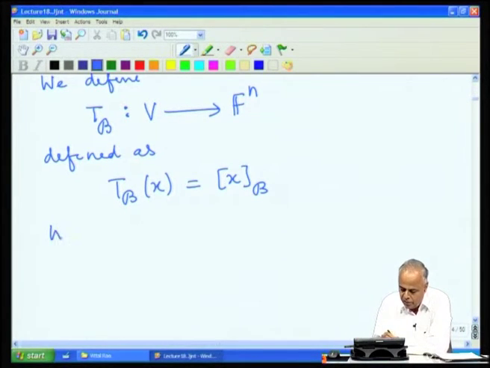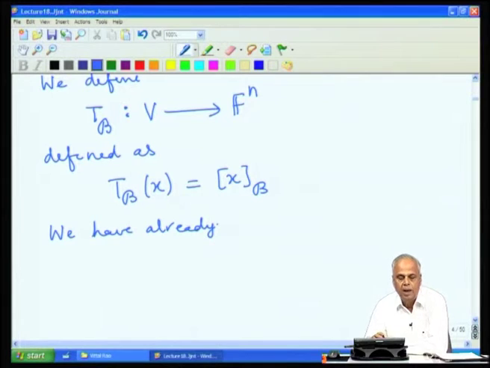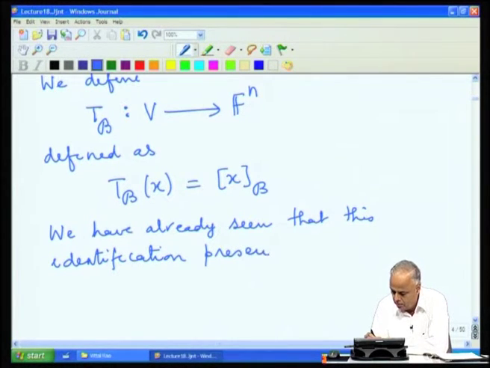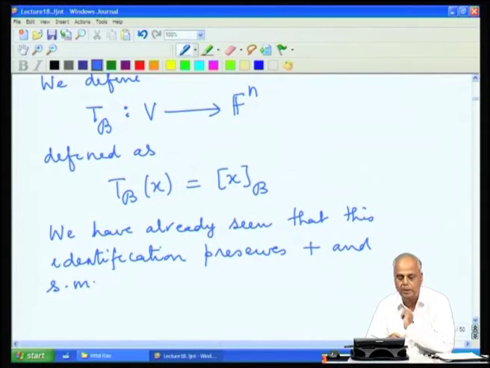And we have already verified that this identification preserves addition and scalar multiplication. I will write SM for scalar multiplication.